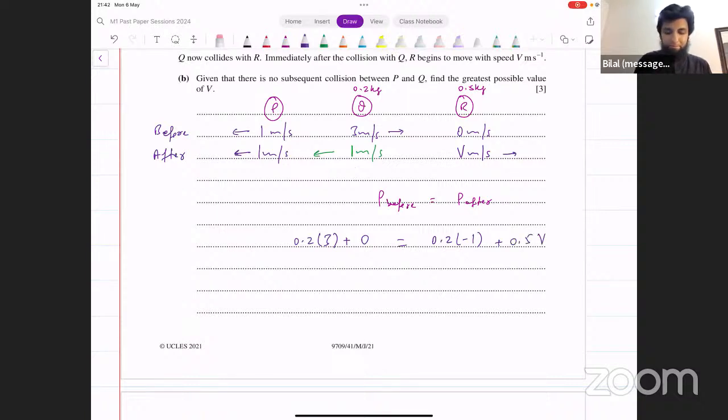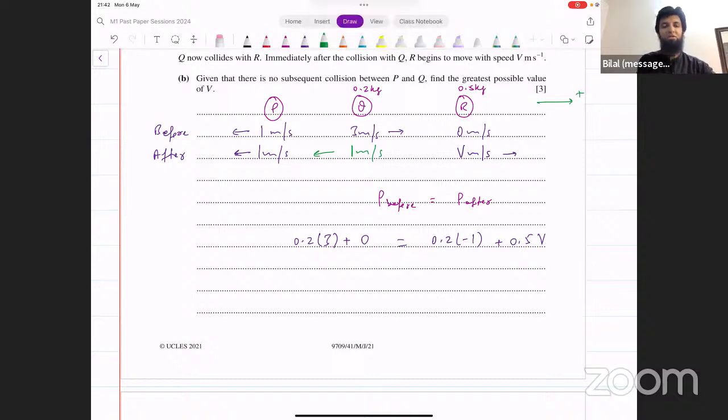Sir, how did you consider that it's going towards the left? Like, P and Q will also not collide if the particle Q is moving towards the right direction, right? Yes, so we're considering the extreme case when it's just about to collide.